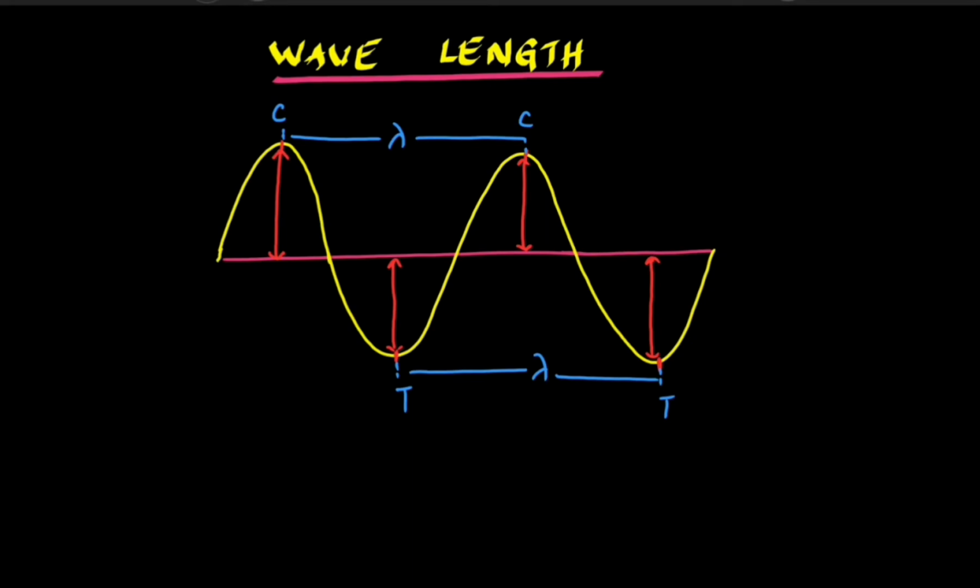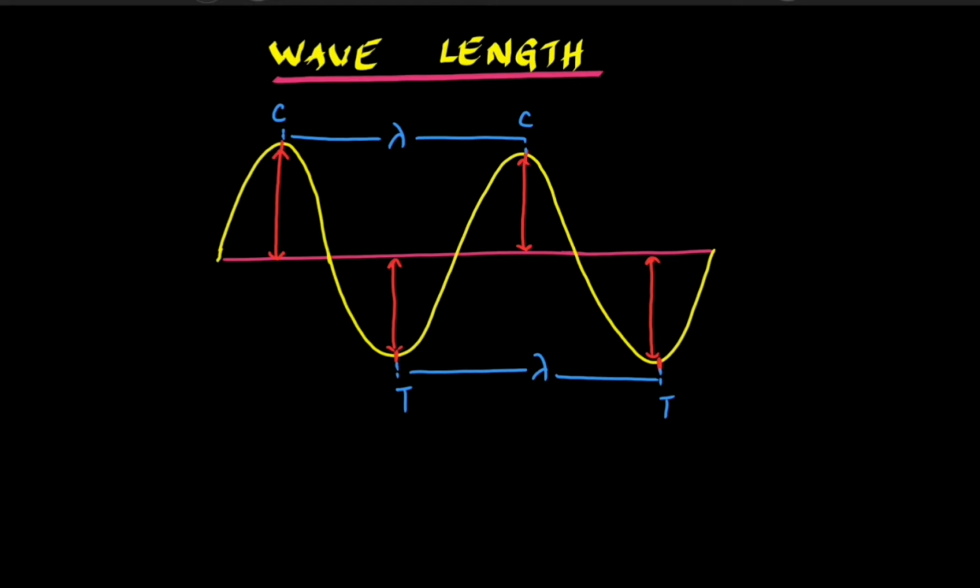Or you can choose any two points that are similar and consecutive. The distance between any two similar consecutive points can be considered as wavelength. So I can choose any two similar points and the distance between them is taken as lambda.